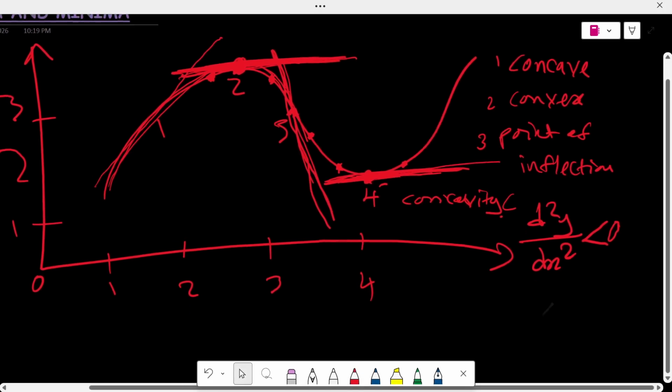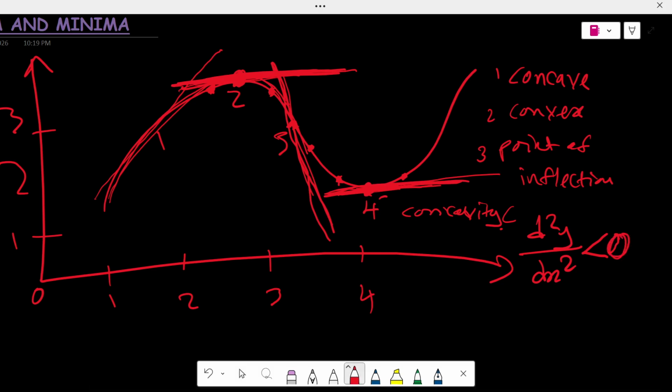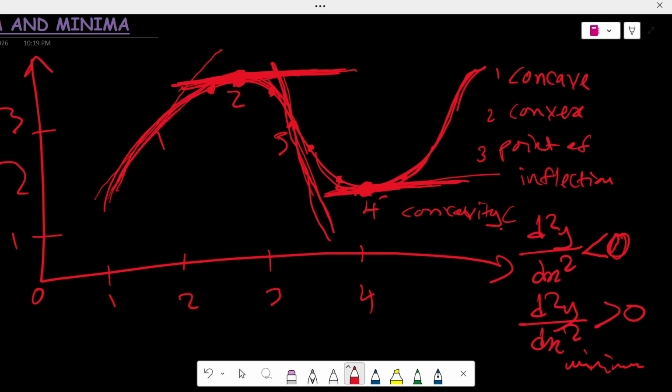It's going to have a negative second derivative. So a convex has a negative second derivative, and a concave will have a positive second derivative, and this is also called a minimum. And indeed, it's the minimum point on this curve, and here this is the maximum point on this curve.